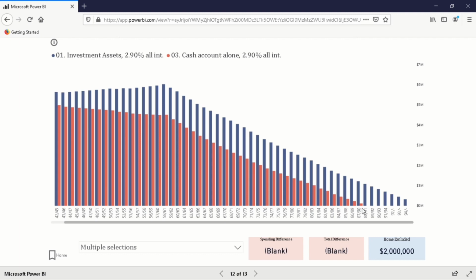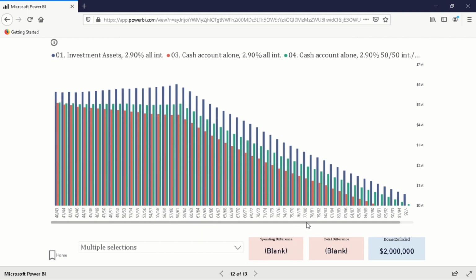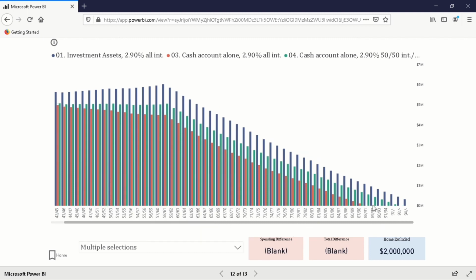You can see that at their burn rate, they run out of assets in their cash account in their late 80s, early 90s. But if we overlay that 50-50 mix on the return, you get 5 more years out of the portfolio. So it's just another way to look at it, rather than only from a dollar value perspective: it'll allow you to spend money for longer depending on the type of return you're getting with your portfolio.